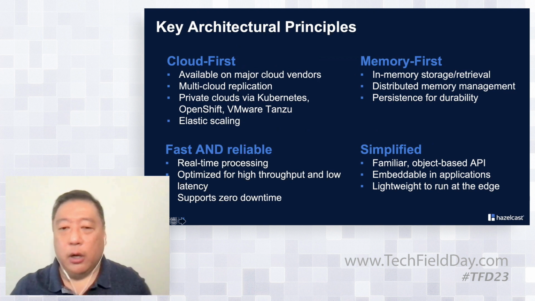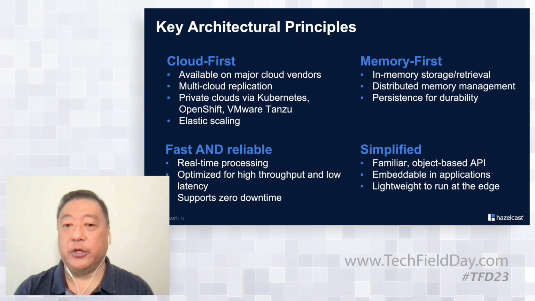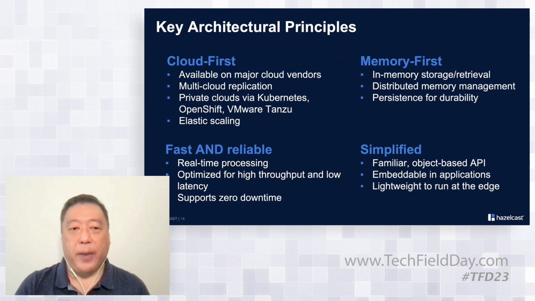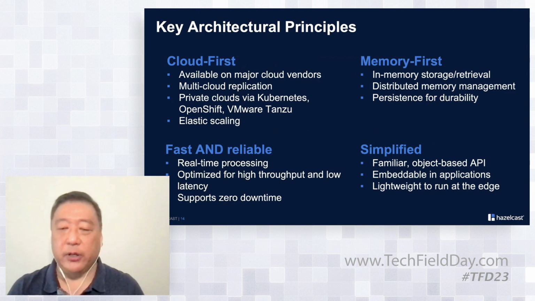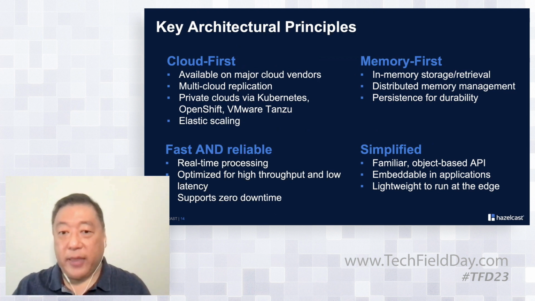Another aspect that we want to cover is the simplification of the entire architecture. Our software package is self-contained, very lightweight, and uses a familiar object-based API. You can embed it in applications, so you can link your applications to our library and deploy that application across a number of nodes. They'll broadcast to each other if you configure it that way, and they'll recognize each other as a cluster.